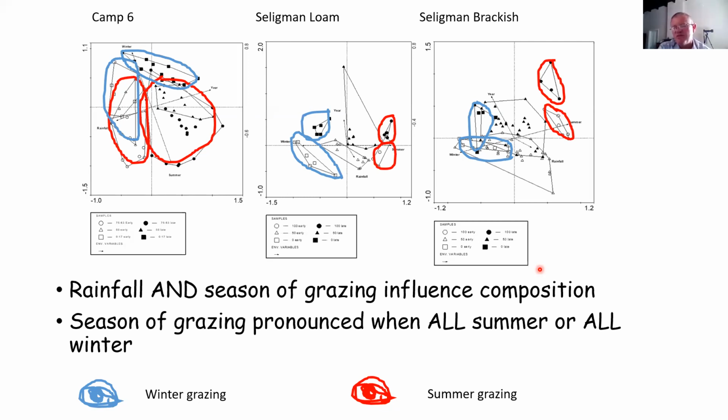But apart from that, winter grazing or intermediate types of grazing were all kind of similar, sort of separated from each other in ordination space to a certain extent. But probably the influence of rainfall in the normally grazed treatments actually overrode the influence of grazing system and so on.